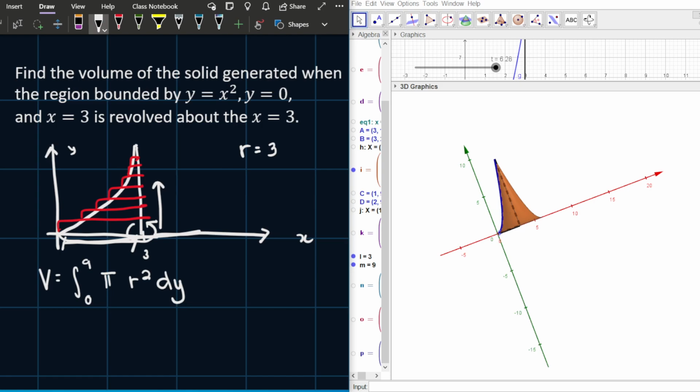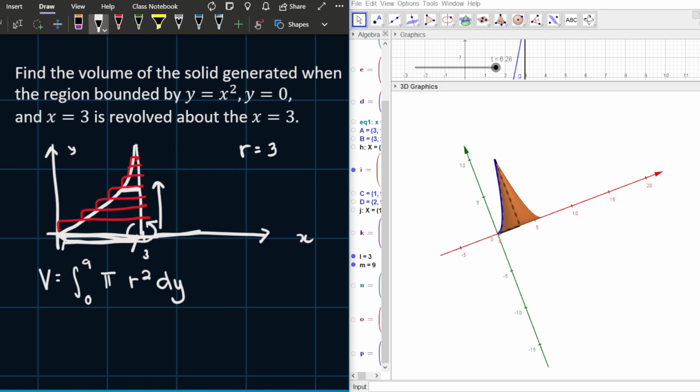Depende kung nasan na yung position ng curve na to. So, kung wari nandito na tayo, yung radius natin would just be this part here compared dun sa radius natin dito sa baba. Now, yung radius sa baba, will just be equal to 3. Pero pag nandito na tayo, this should be obviously less than 3.